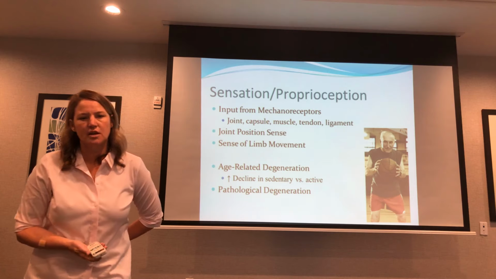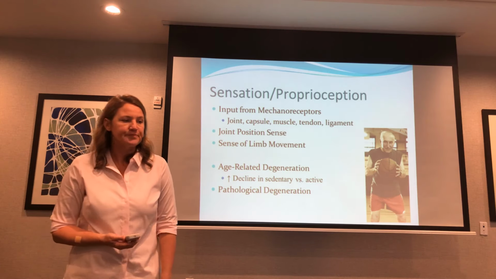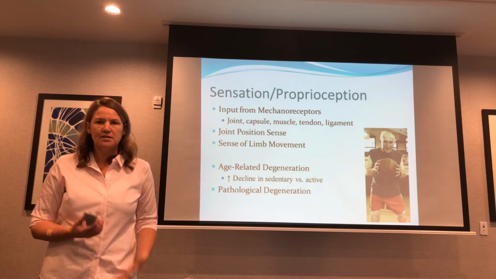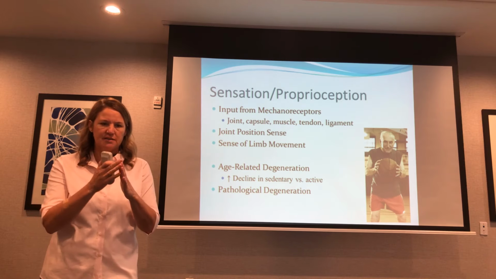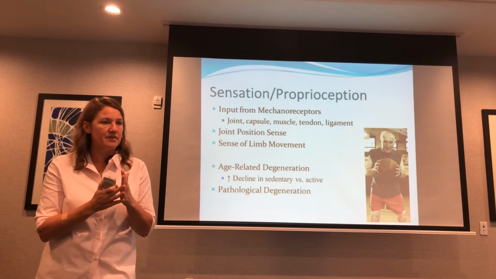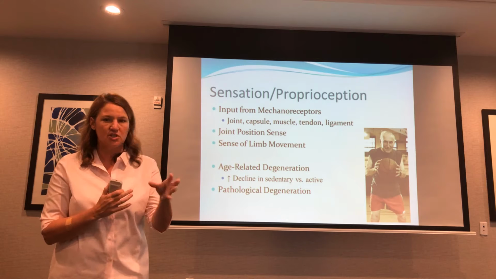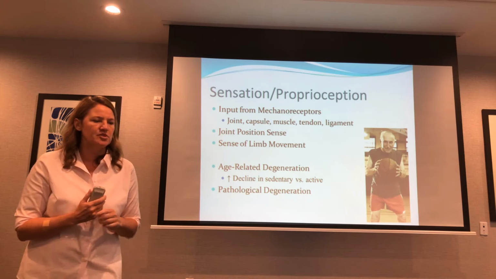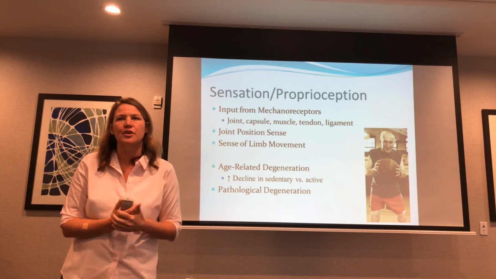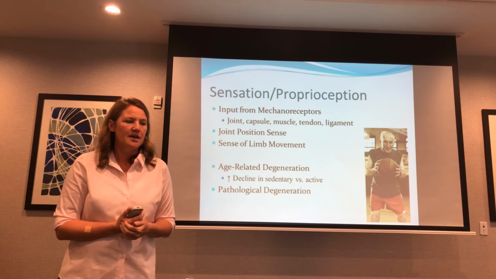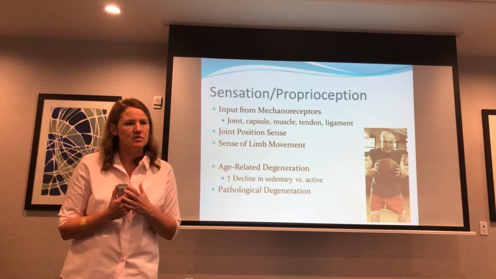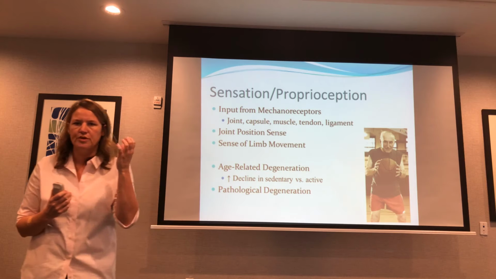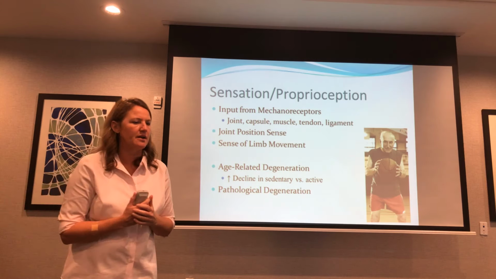Okay, so moving on and talking about your somatosensory system. Your somatosensory system is basically your skin, the feeling of sensation from touching and feeling things. So joint position sense as well, your proprioceptive feedback, your input from mechanoreceptors. So in your skin, hot, cold, pressure, all that kind of feedback.